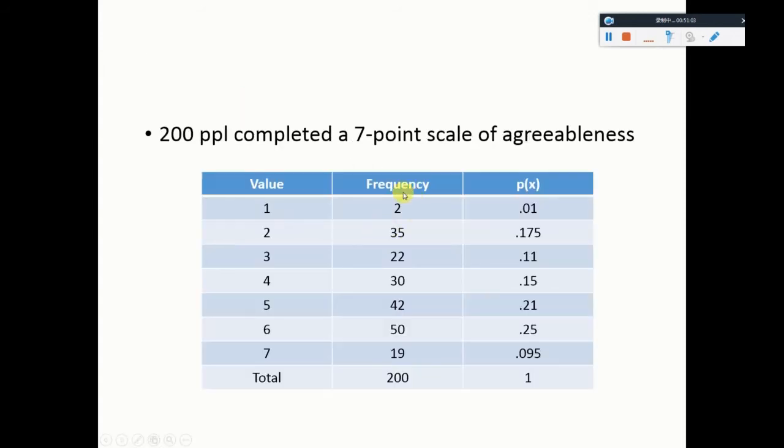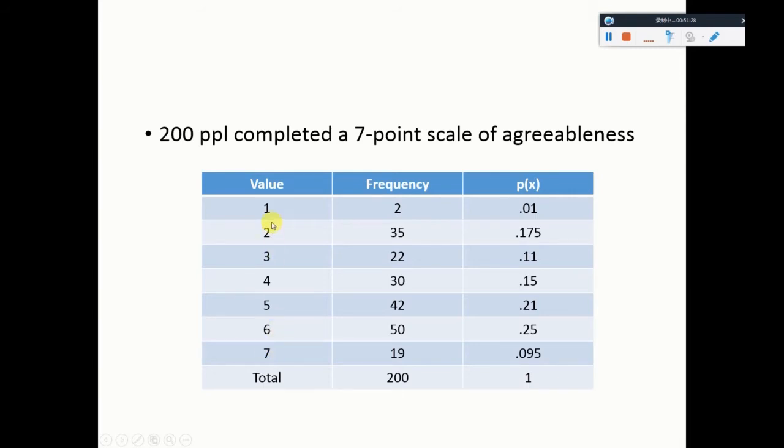Okay, so we have the same table. Here we have all the possible outcomes, values, or events of this variable. With 200 observations, or 200 trials, we can imagine it's like flipping a coin or throwing a dice, only that this dice has 7 numbers.